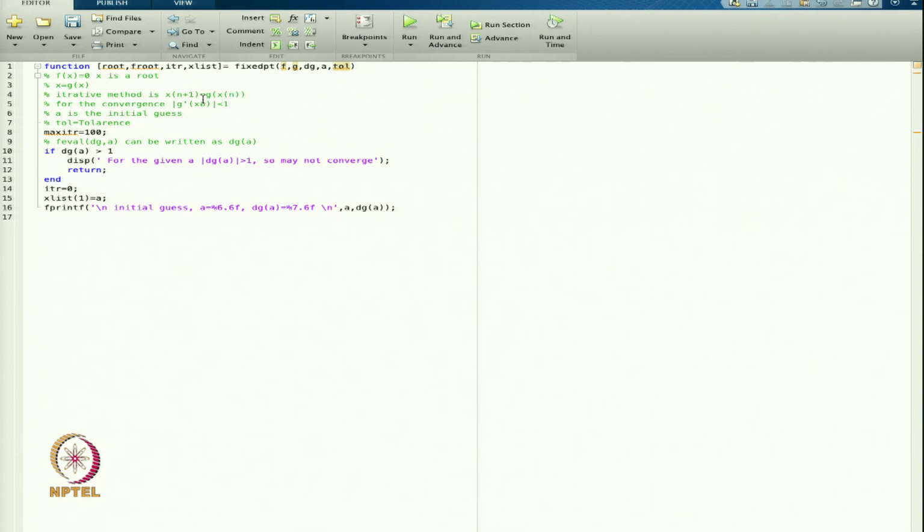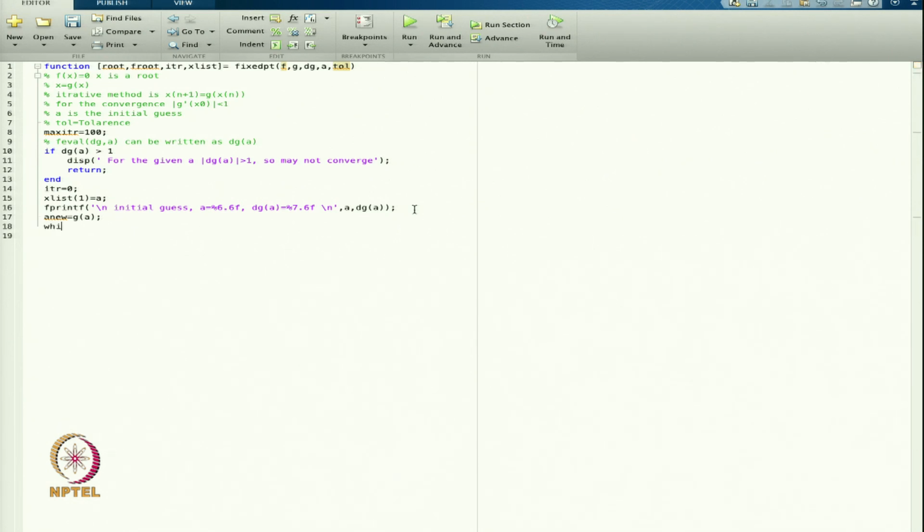So, I will give the value of x n, I will get the new value of x. So, in this case, let us say I get a new, that is equal to g of a. So, I have found this value.